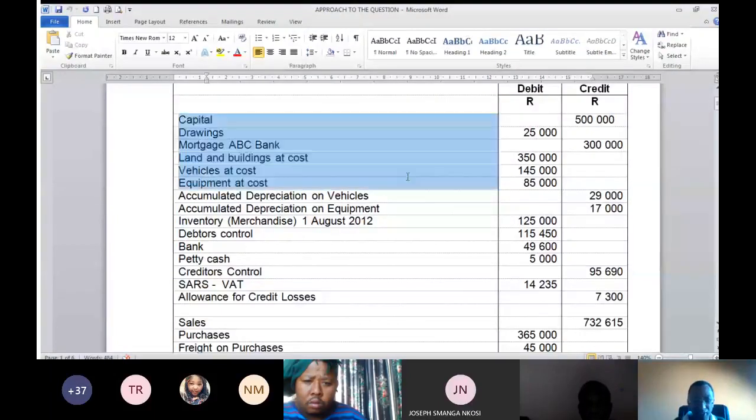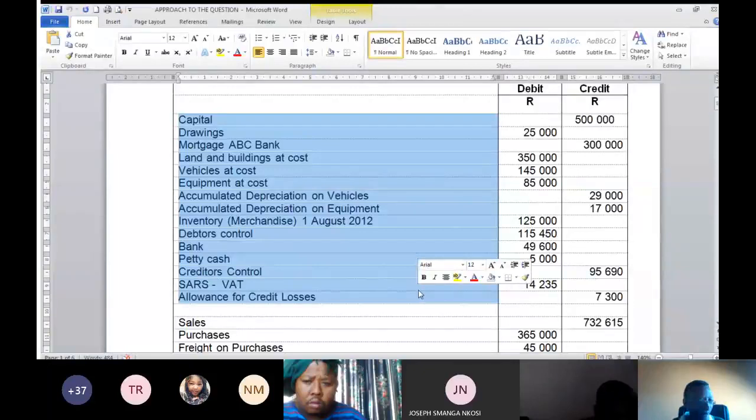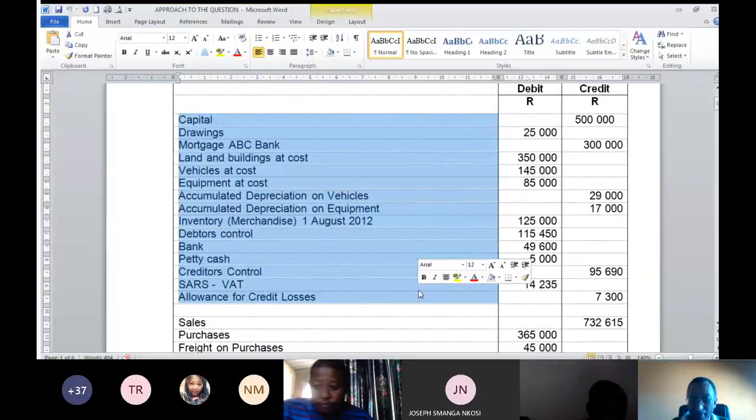The first section, from capital up until allowance for credit losses, are what we call our financial position accounts. In that section, you're going to get all your equity accounts, all your assets, and all your liabilities.